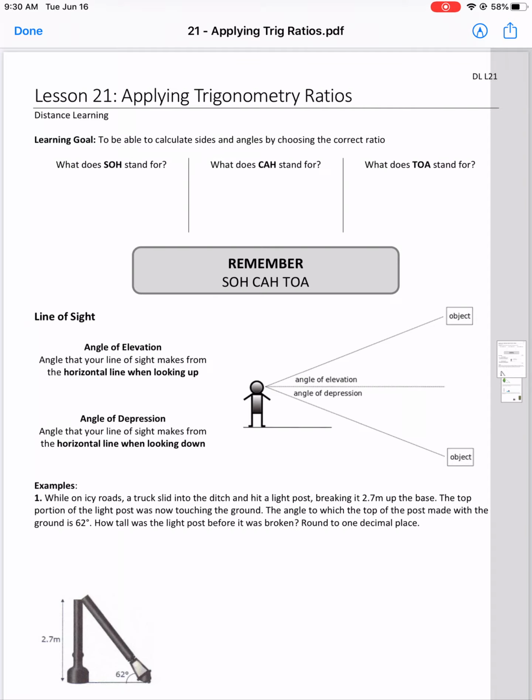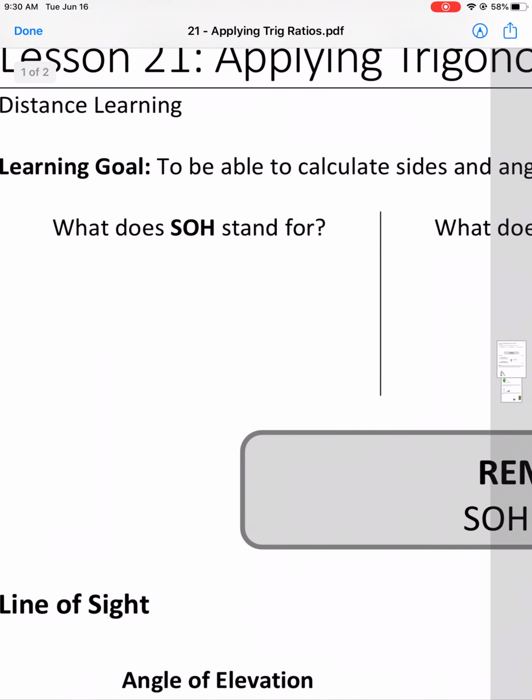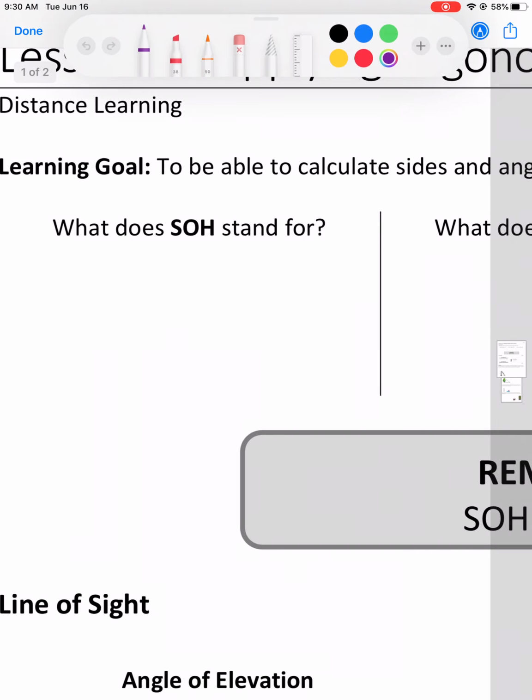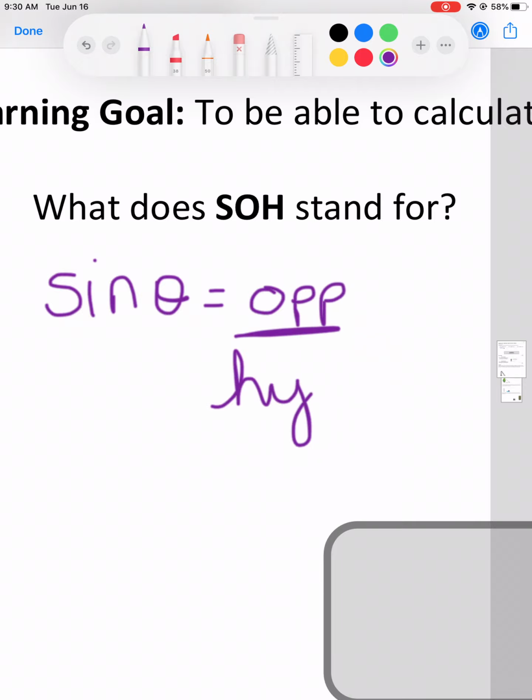Okay, so applying trig ratios. Again, a quick little review. What does SOH stand for? Hopefully by now you guys know exactly what this means. Sine theta is equal to opposite over hypotenuse.